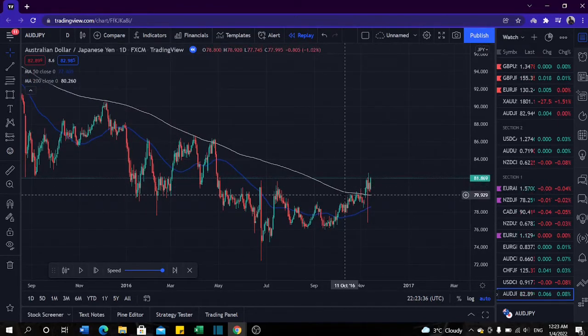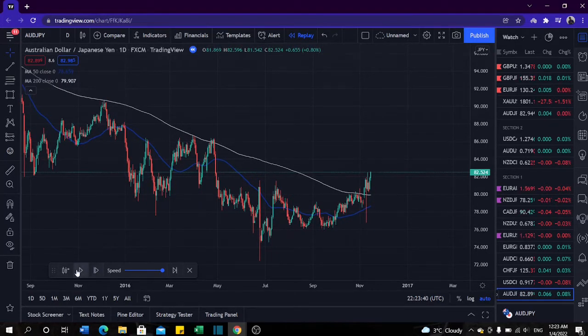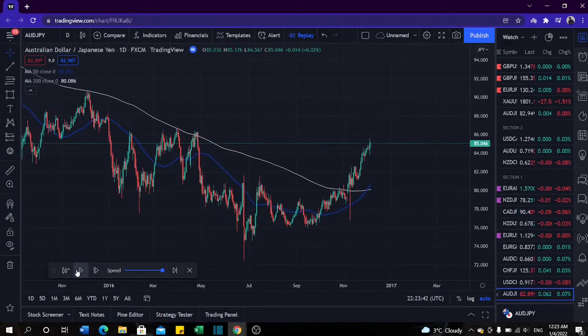Let's see how it's going to play out, in case it's going to cross later on. See, now price has actually crossed the 200 moving average. That means it's serving as support for now. So we're going to look at an entry and confirm that we're going to go in for buys in this scenario.